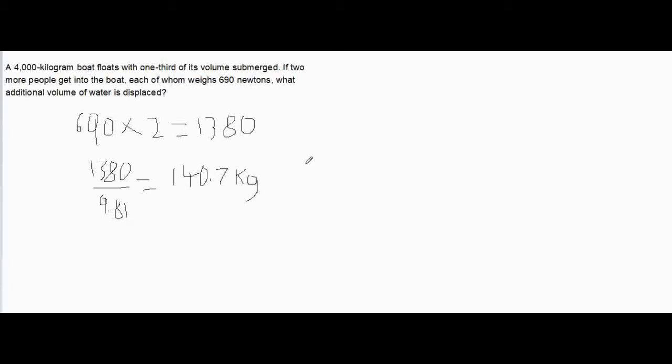Now we need to use the density equation and solve for volume. So if D is equal to M over V, then V is equal to M over D. So the additional volume displaced is equal to that additional mass, 140.7 kg, all over 1000.